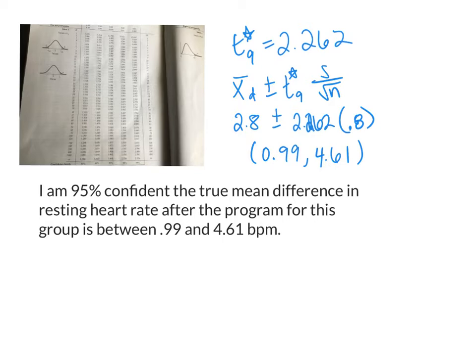We're limited in what we can say about this experiment because we didn't have a control group to compare it to and we didn't have randomization. We can say what happened in this group, what the actual true effects would be for this group of people, but we can't really generalize to the greater population without a properly randomized experiment.